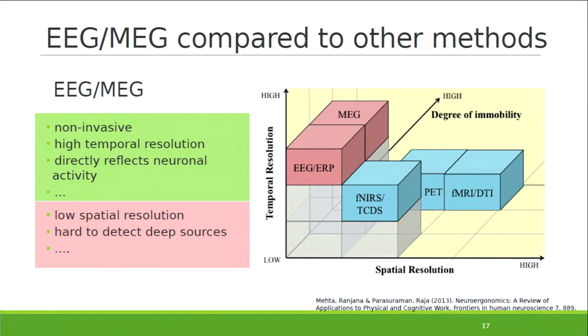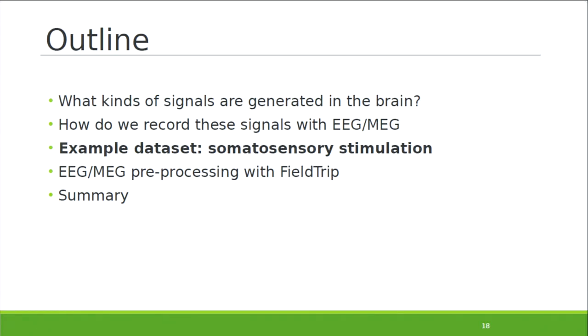And they directly reflect neuronal activity, as opposed to, for example, fMRI, where you only look at the oxygen levels. However, they have a relatively low spatial resolution, and it's also harder to detect deep sources because, of course, the sensors are located further away from deep sources, so it's harder to get a good resolution there.